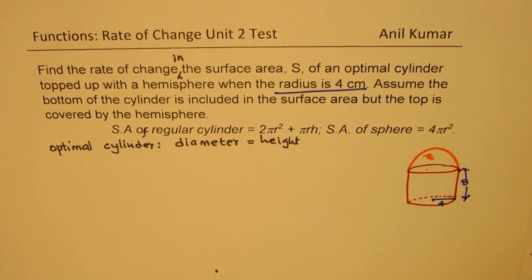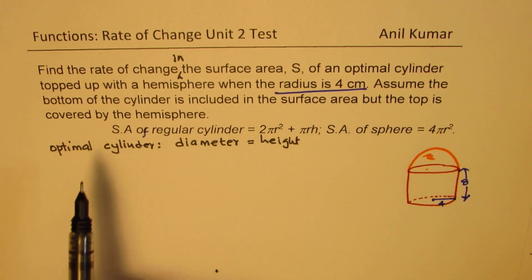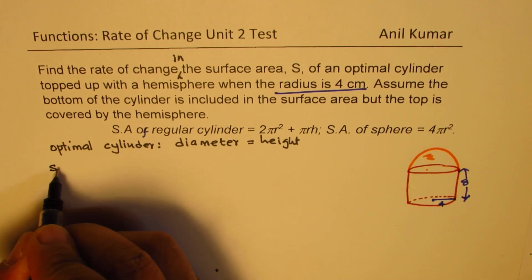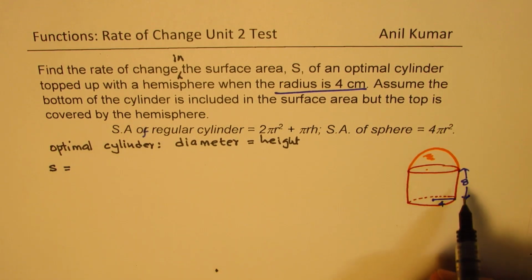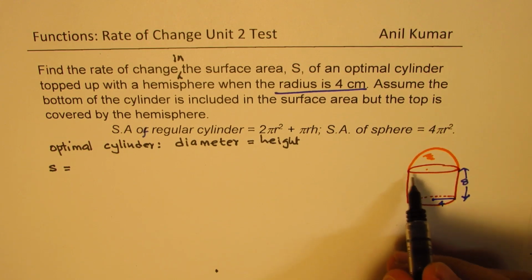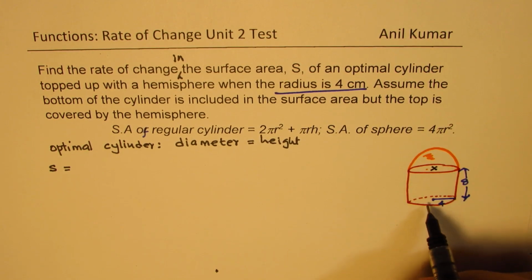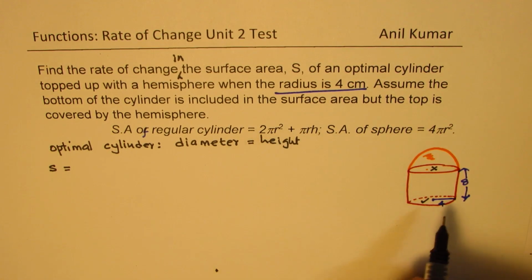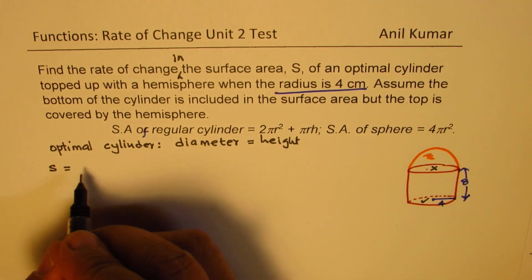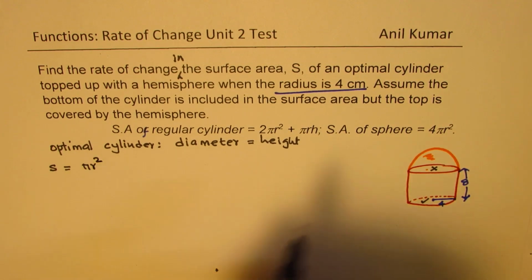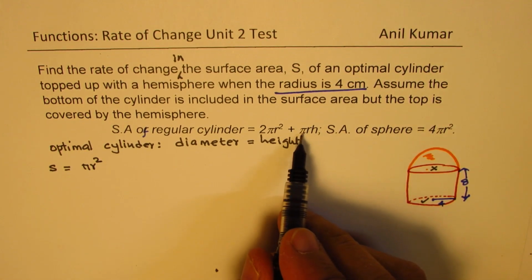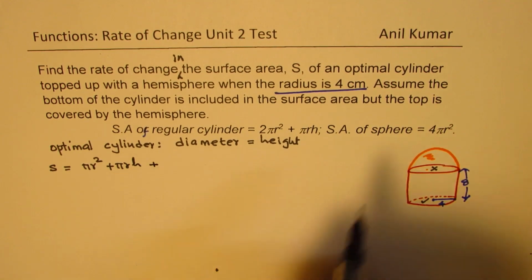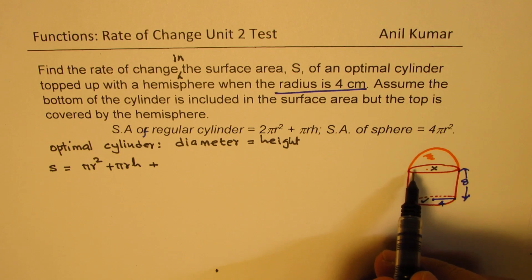Okay, now let's write down the formula. We need to find the rate of change in surface area. So what is the surface area in this case? Surface area will be the area of this cylinder, not including the top but including the bottom. So in the formula, it will be pi r square, the circular area right there, plus lateral area pi r h, plus half of the sphere, right?